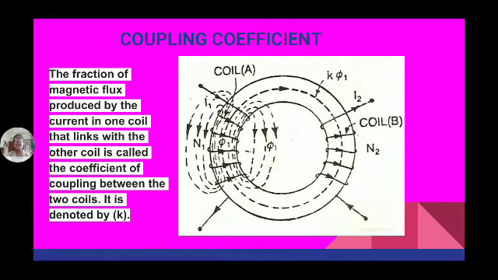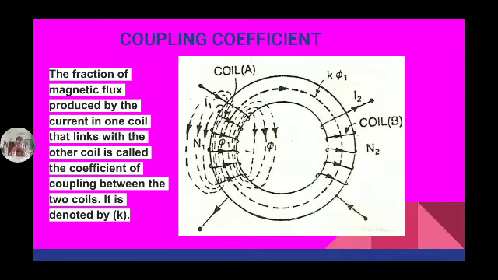How do we calculate it? The fraction of magnetic flux produced by the current in one coil that links with the other coil is called the coefficient of coupling between the two coils. See how much flux is produced in coil 1, and what fraction of the flux produced in coil 1 is linking with coil 2.